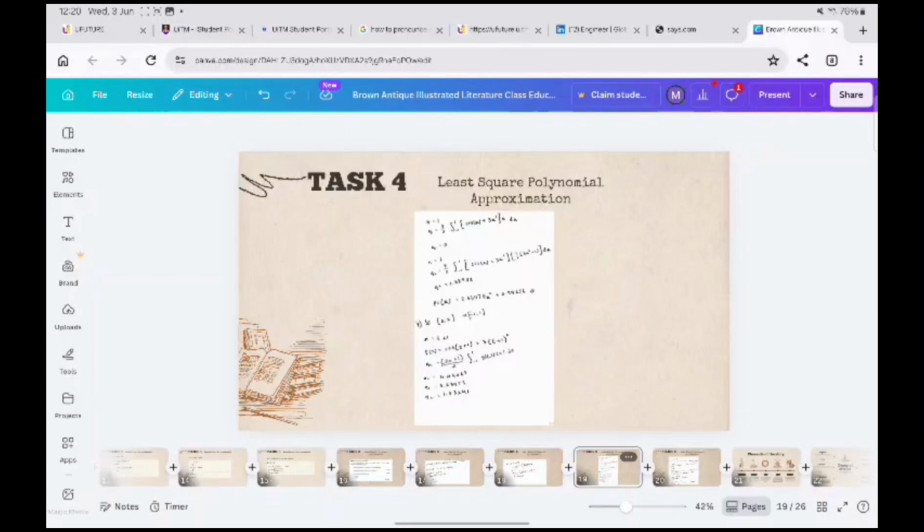Next, for question 3 part B, we find the polynomial on the interval 0 to 2. Since the interval is not -1 to 1, we use the transformation x = t plus 1.